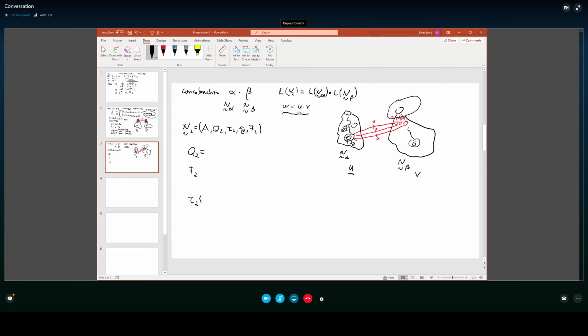Well, the only interesting case is the final state of the first automaton. So if this Q is in F alpha, that means Q is a final state in the first automaton.